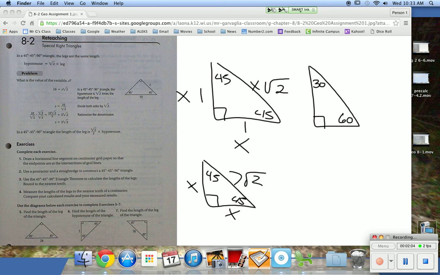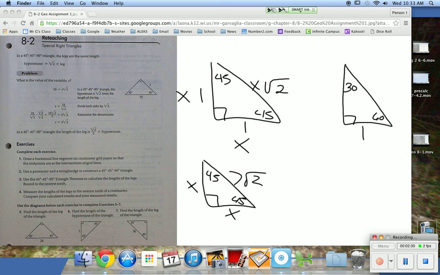On a 30-60-90, let me draw this over a little bit. Now this is important to know. Opposite the 30 degree is always the smallest one, and that's a 1.